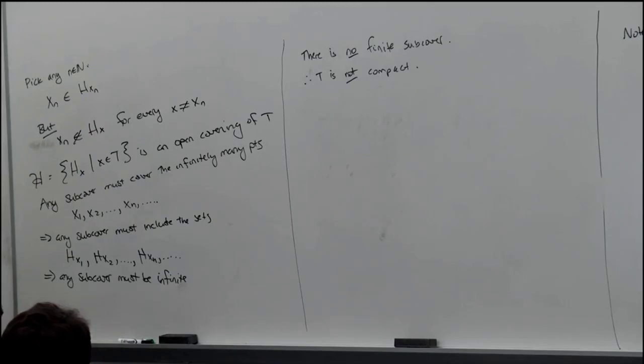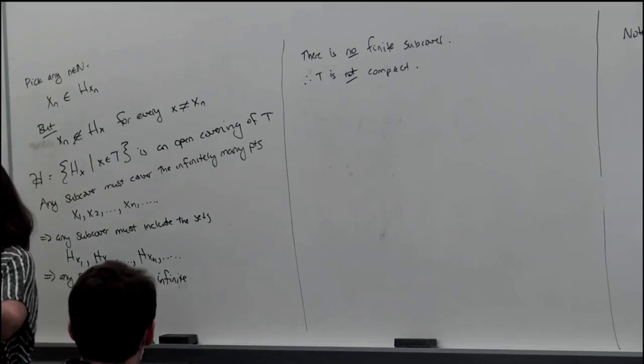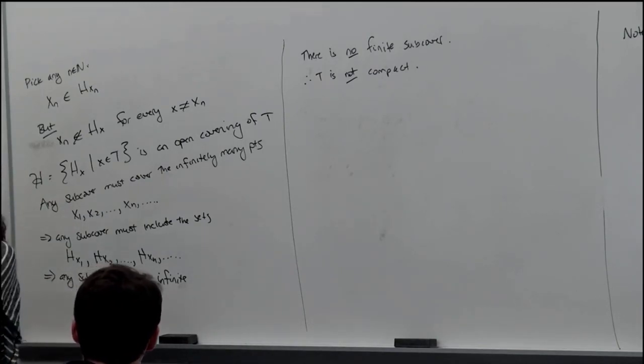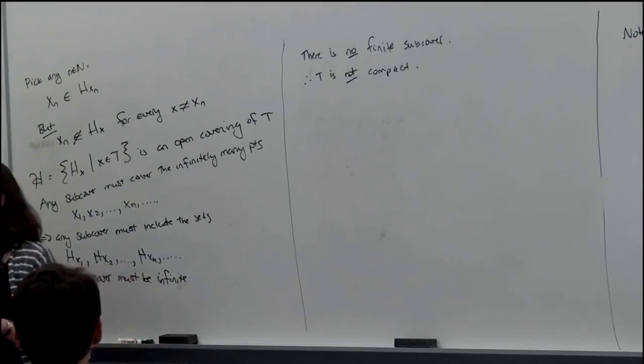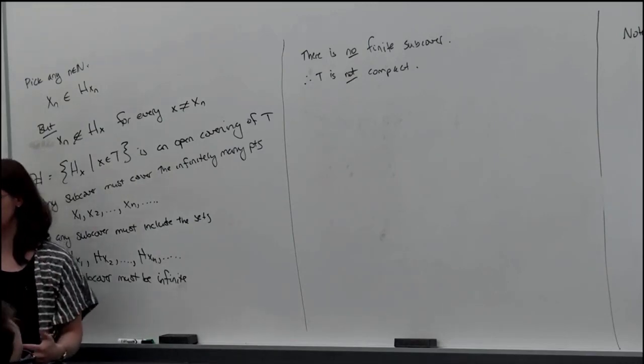Is it true in a general metric space? So in Rn, I guess we showed this because we said, well, if things are closed and bounded, they have to accumulate somewhere. I'm going to get in a few minutes to what about closed and bounded sets and see what the relationship is there. But yes, certainly we can have things jump around in different ways.